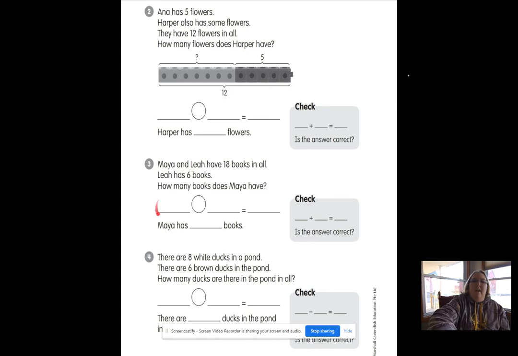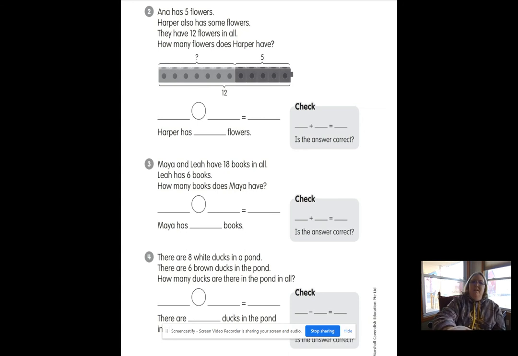So we'd start with our 18 books, subtract the amount that Leah has, and then we'd find out how much Maya has. And so in our complete sentence, Maya has how many books? How much of that part did she get? Then use the opposite operation to check to see if your answer is correct.